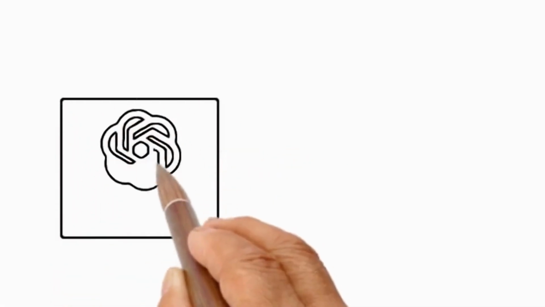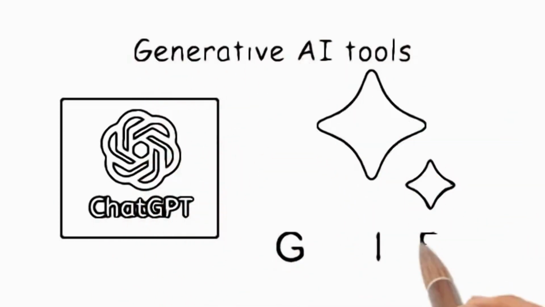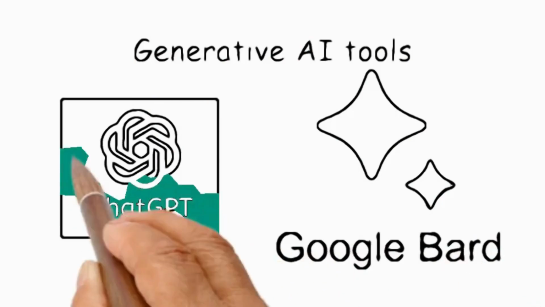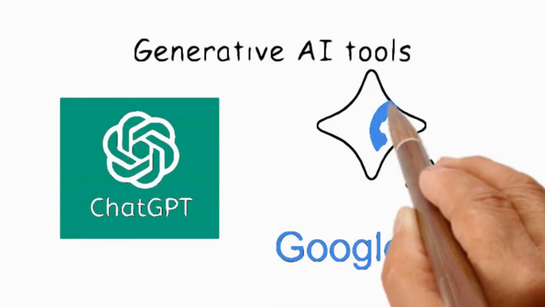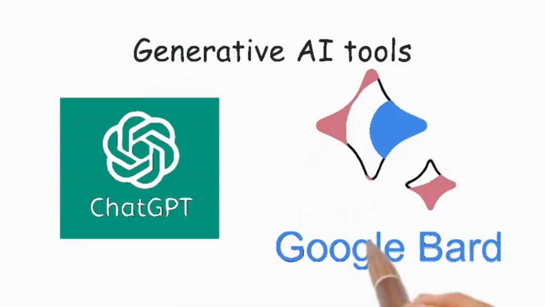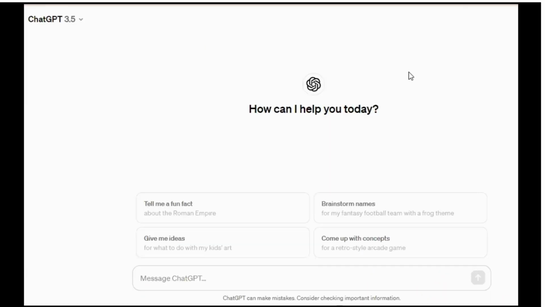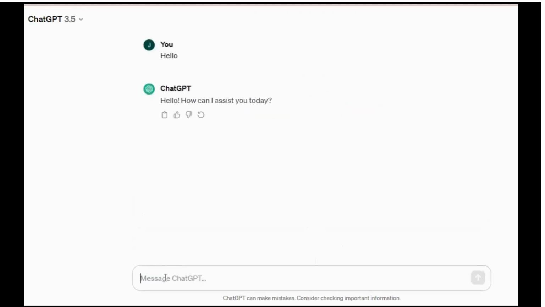There are a wide number of generative AI tools available online for users to interact with. These include large language models such as ChatGPT and Google's Bard. These are generative AI tools where users can give text inputs, ask questions, set written tasks, or request summaries of concepts or information, and the tool provides a text output.